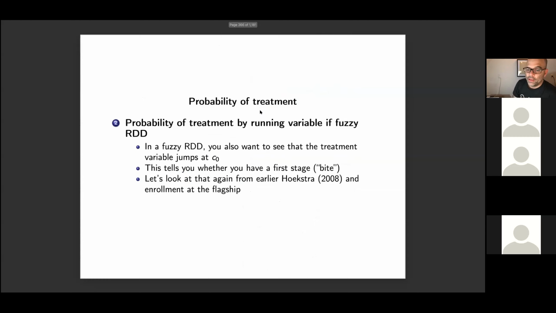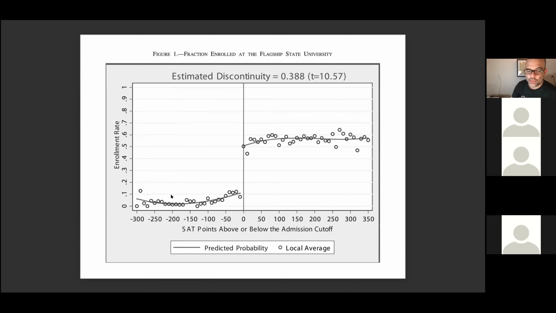Okay, so maybe if you're using certain bins throughout the whole thing, make sure that be the bin that you're presenting here. If there is a first stage, you want to show the probability of treatment like Mark did. This was not an outcome. Notice this is not the outcome. Outcome was earnings. This is the first stage. It's the effect of the cutoff on enrollment. It shows that the probability of treatment jumps at 0. Okay, show that.